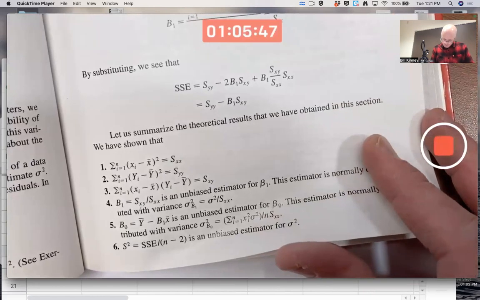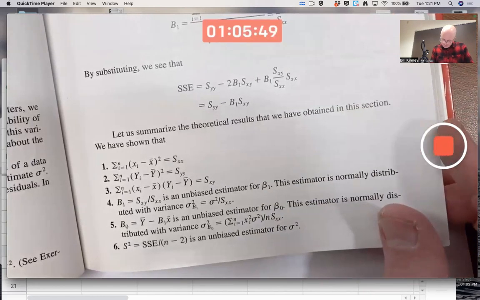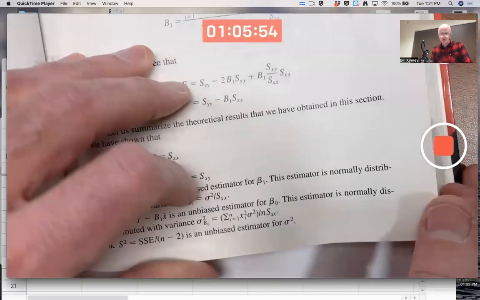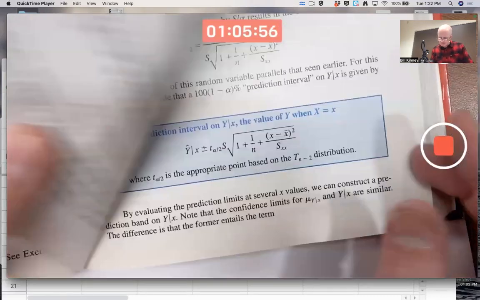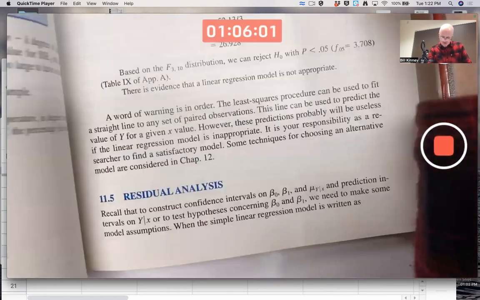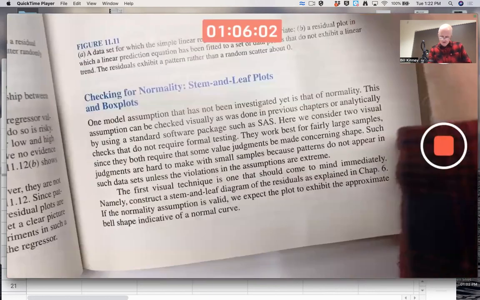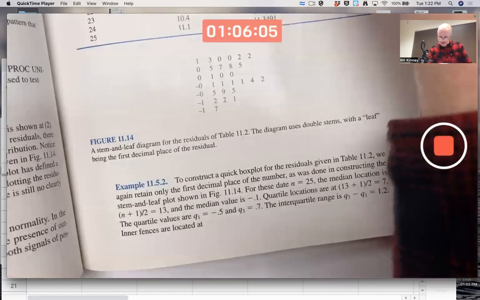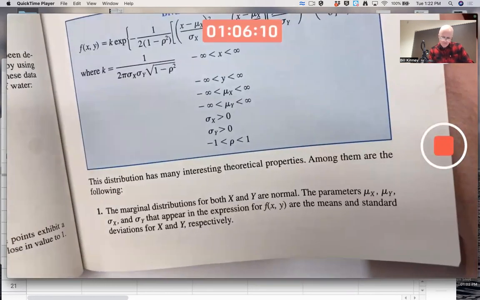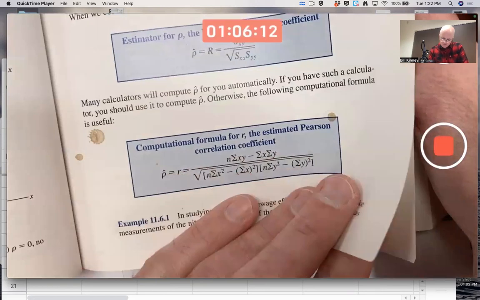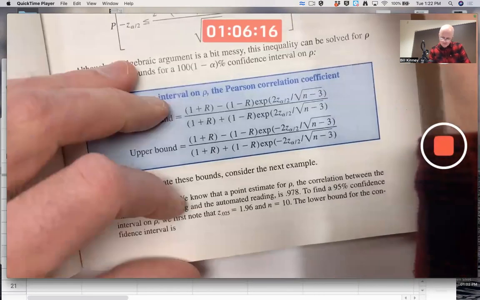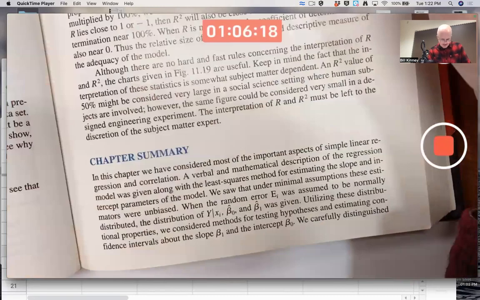I think it's here. I'm just forgetting where. Oh, I suppose it couldn't be in here until you talk about correlation. It's actually the very last section. Okay, I'm not seeing it.